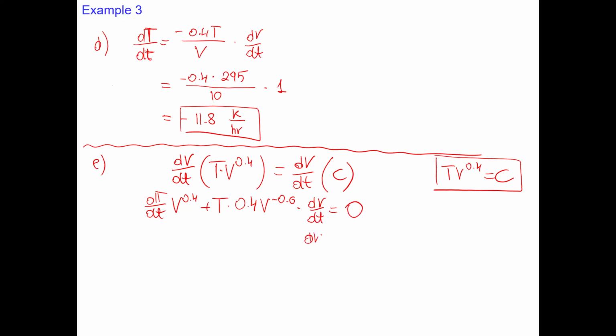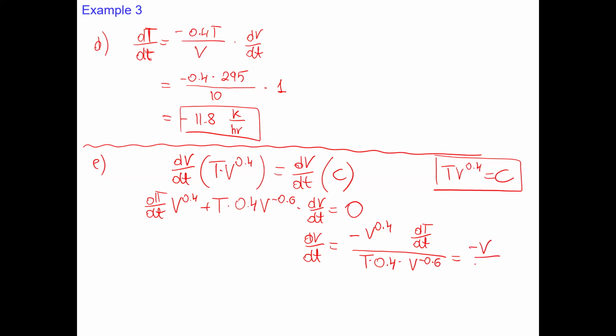And now solving for dV/dt, we will have negative V to the power of 0.4 dT/dt, divided by 0.4 T, just flipping V to the negative 0.6. When I take this V to the negative 0.6 to the top, it will become positive 0.6.